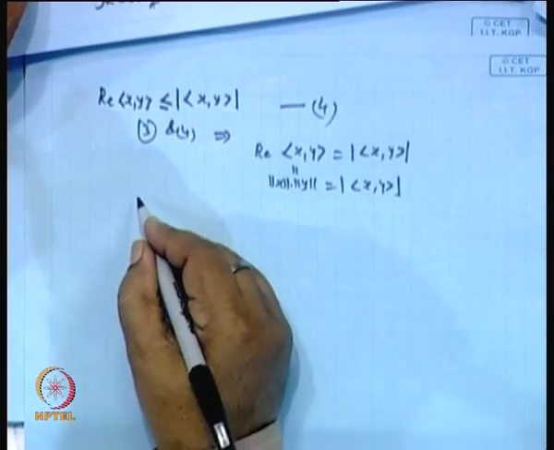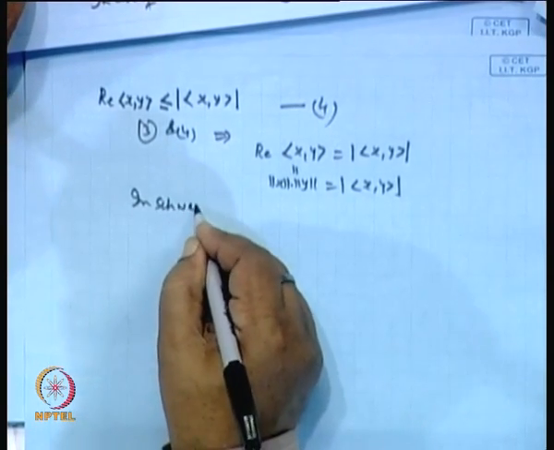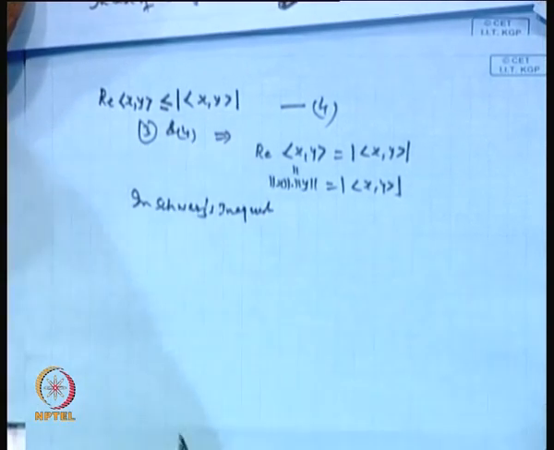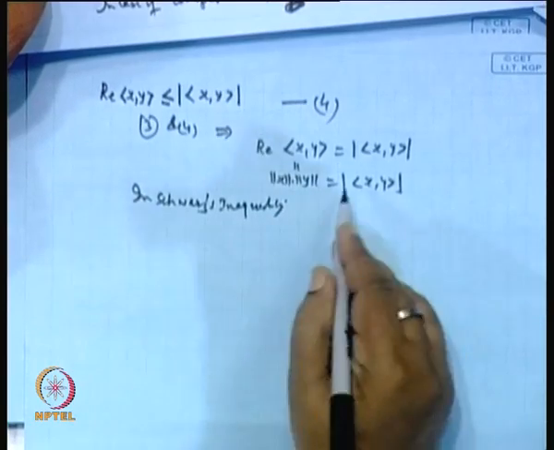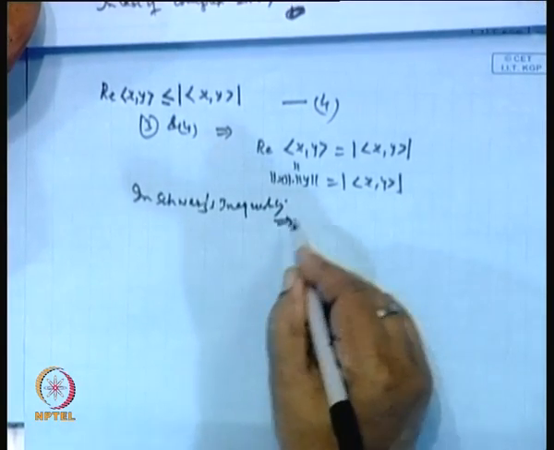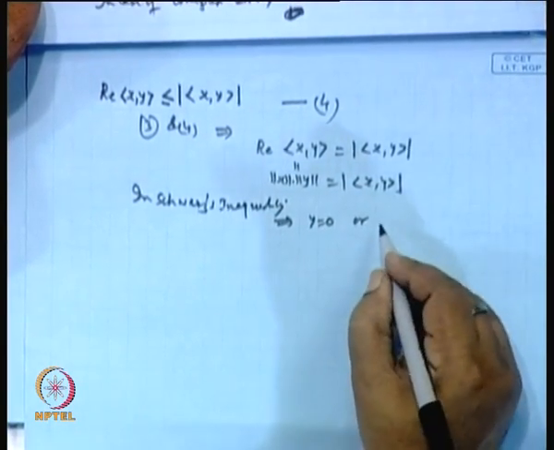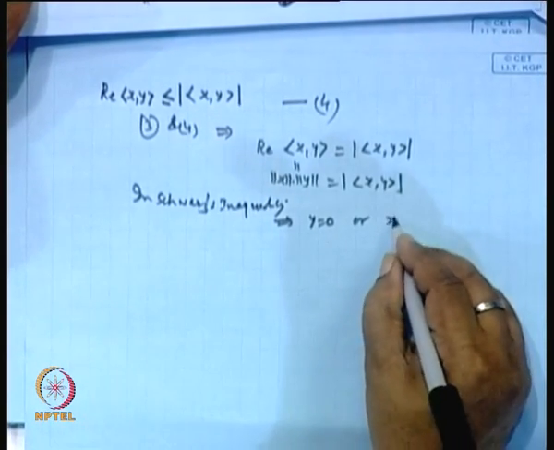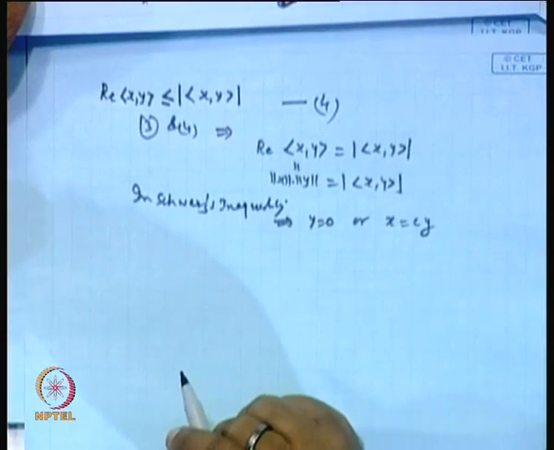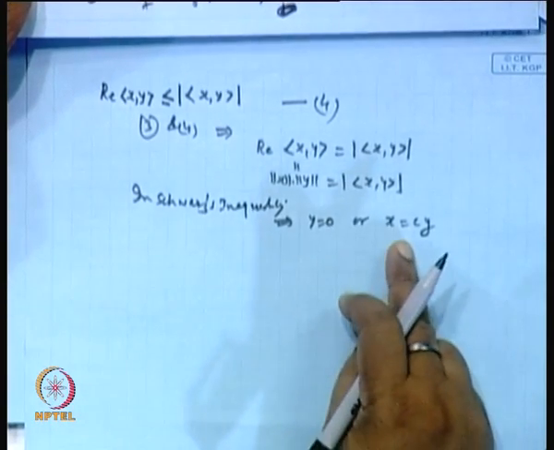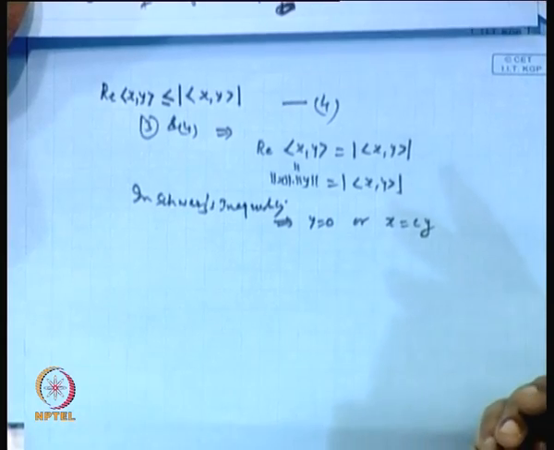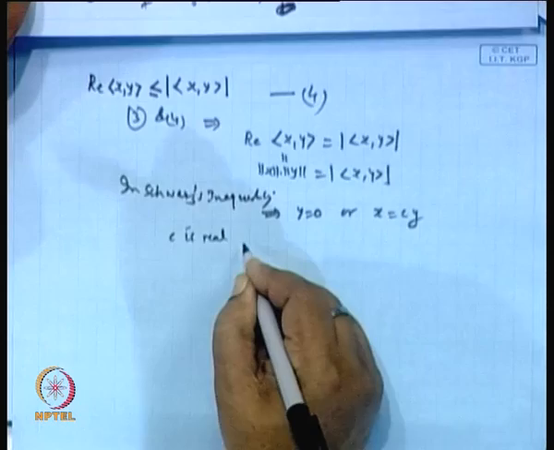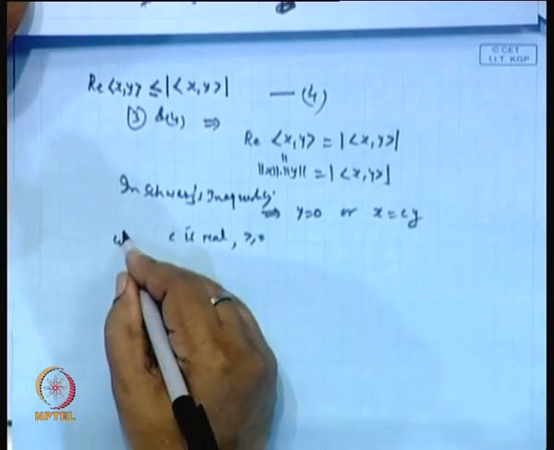So, in Schwarz inequality, when the equality sign is there, then either y will be 0 or x equal to c y, is it not? Where c will be real and greater than 0.